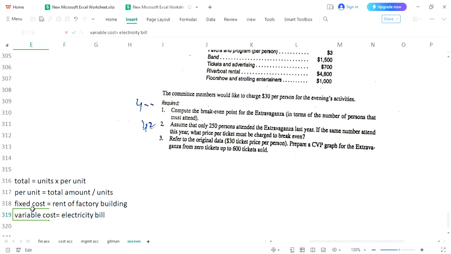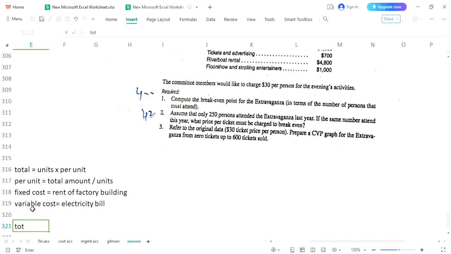Obviously variable cost would vary, like electricity bill for 500 units or 200 units will be different. So here we have discussed variable cost. Then we have our total cost. How do you calculate your total cost? You add your fixed cost to your variable cost.